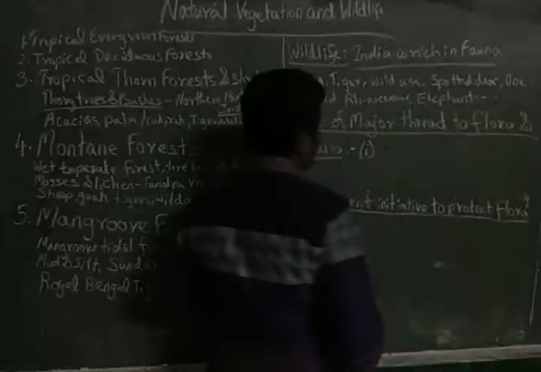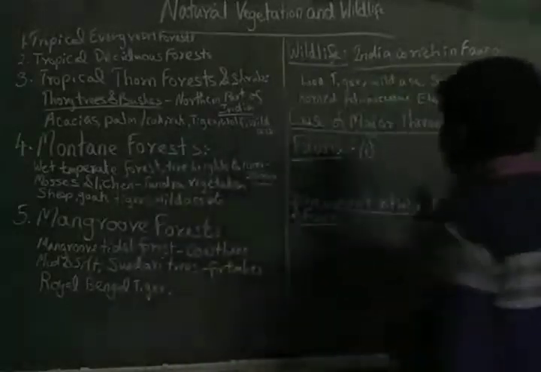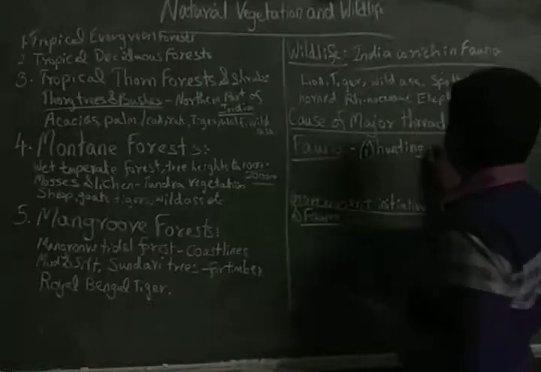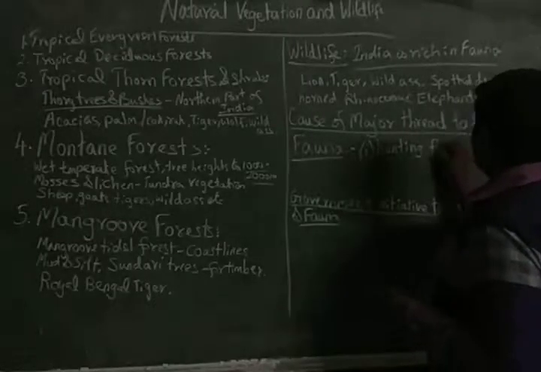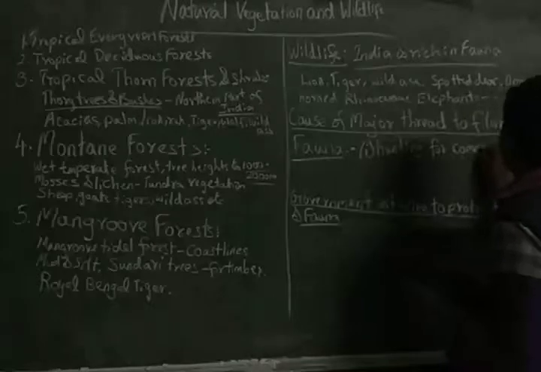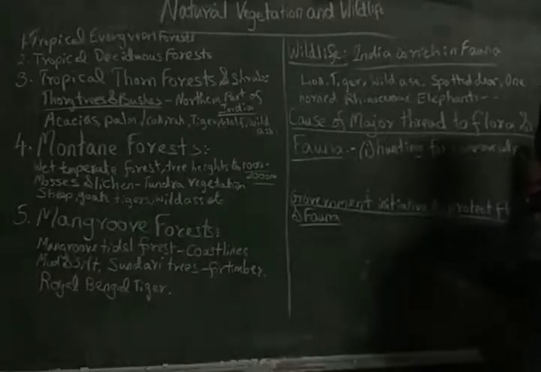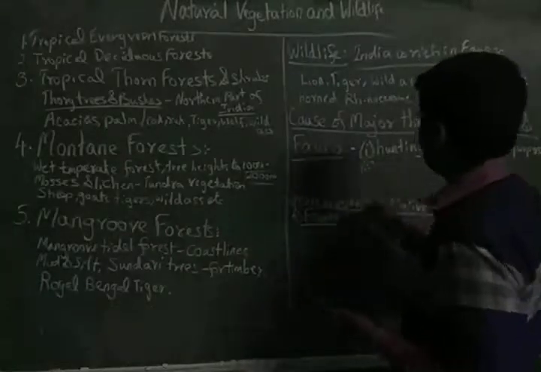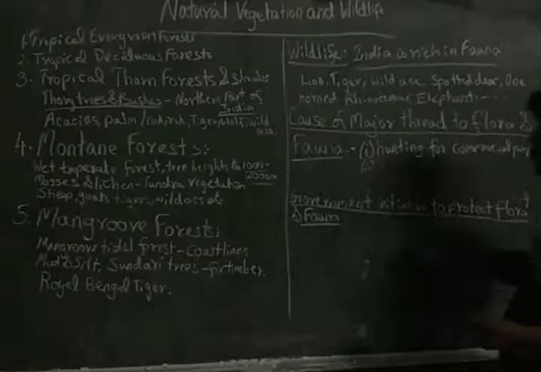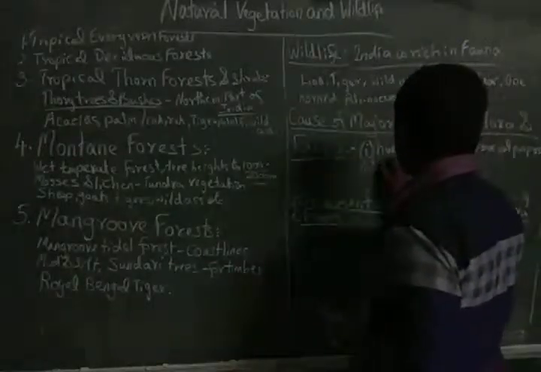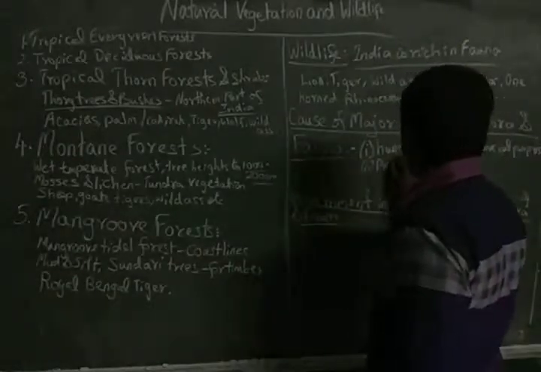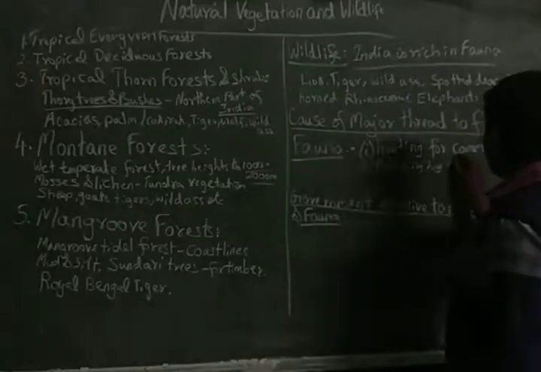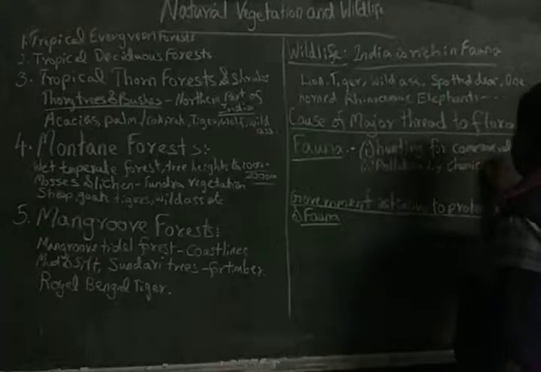So once again, what are the things you can remember? First one is hunting for commercial purpose. The second one is polluting, dumping chemical and industrial waste.